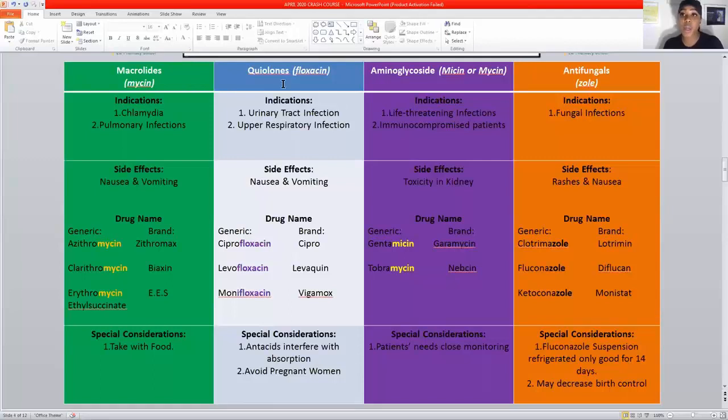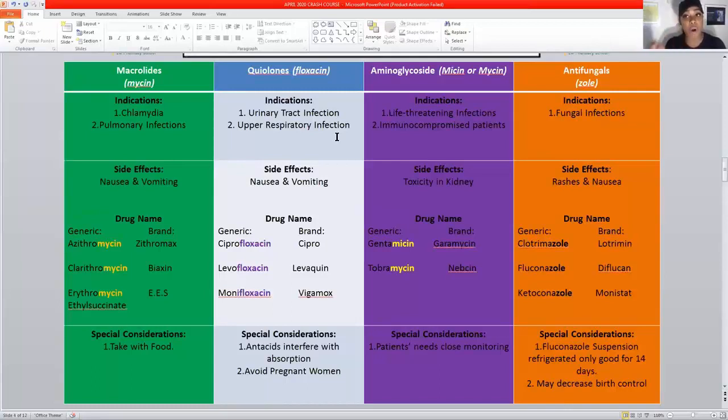The next one is quinolones, and I forgot the N here, did it again. Floxin is going to be the word stem. Indications are urinary tract infection and upper respiratory infection. Urinary tract infection is also known as UTI, and upper respiratory infection is also known as URI.